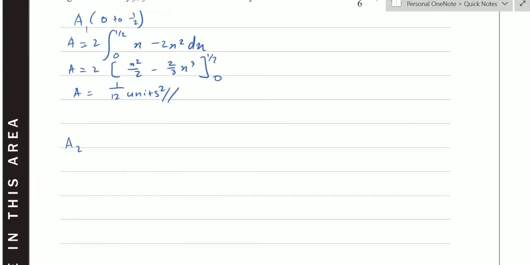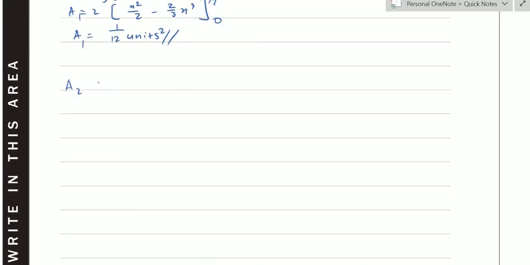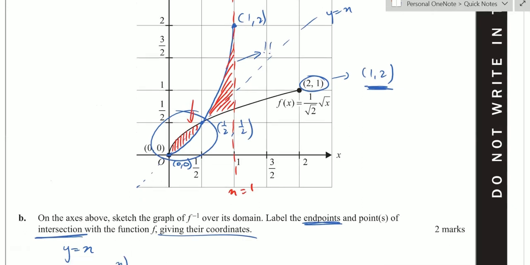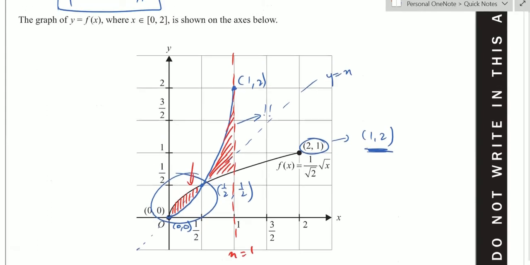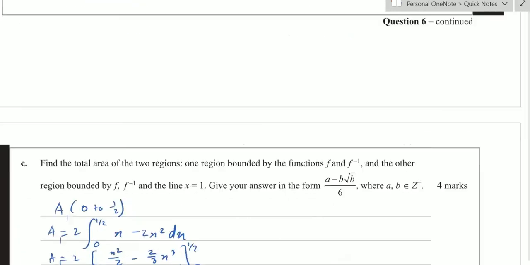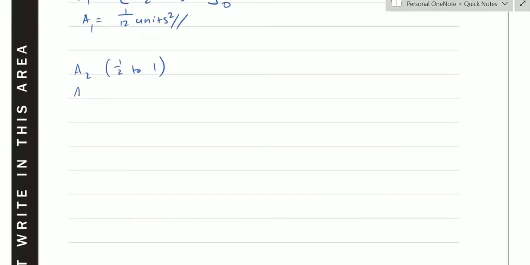So the second area, sorry, this is area 1. So the second area is from 1/2 to 1, and that's this weird area here. So for that one, we can't really use y equals x. But we can just do our normal integration of the top function minus the bottom one. So the top function in this case is the parabola, so it's the integral of 2x squared minus 1 on root 2 root x dx.